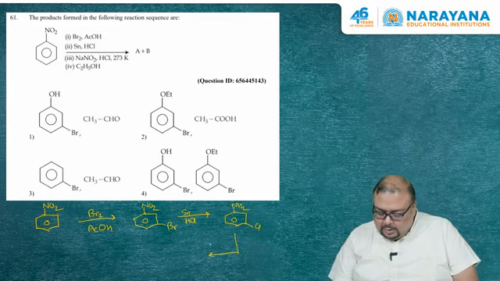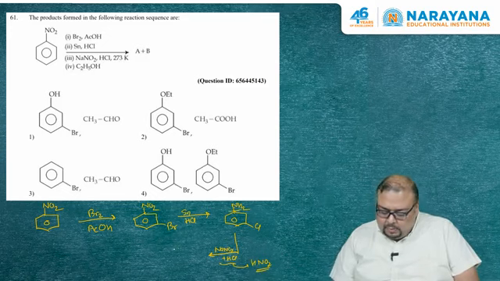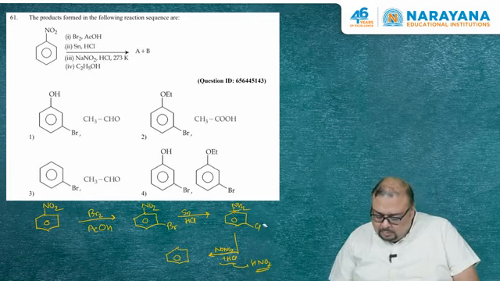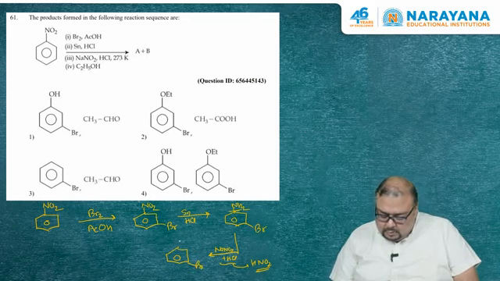Then there is a classical case of NaNO2 plus HCl, which gives HNO2, and HNO2 combines with NH2 to give N2+. Sorry, this is bromine. And this will undergo reaction with C2H5OH.